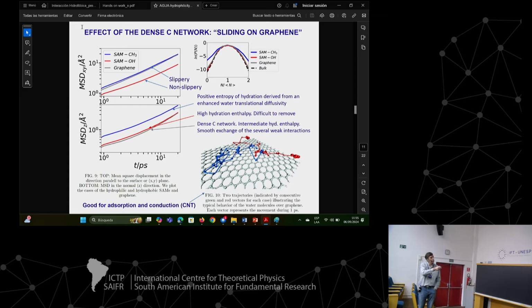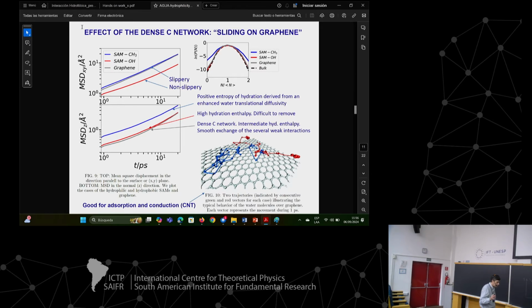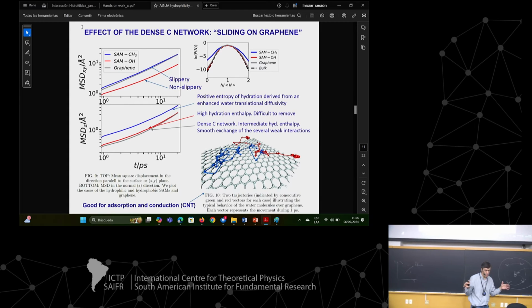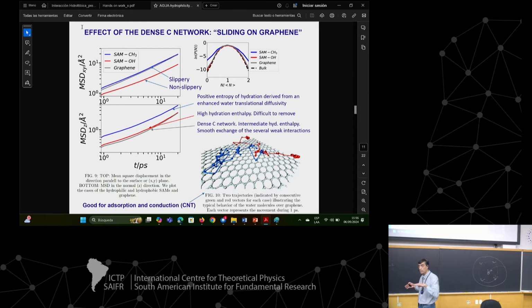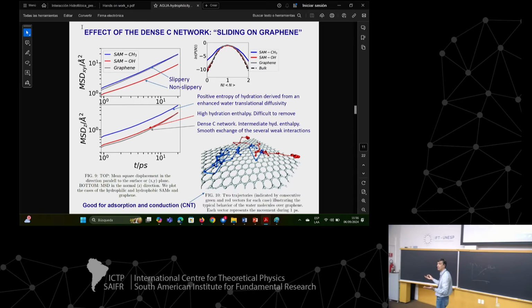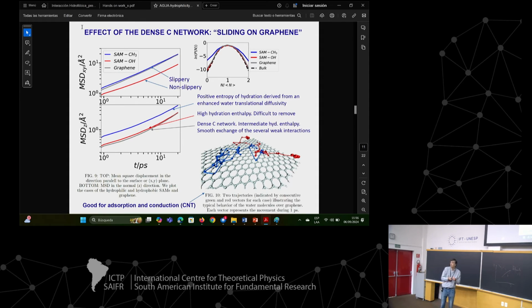But the point is, not in the slip, since this slip behavior, after publishing this paper, I found a paper from another group where they showed, I can't remember the system, but it was an oxide, so it was quite hydrophilic. And they said, oh, we can get hydrophobic behavior in a hydrophilic system, since they artificially shortened the parameters so that the atoms were closer.